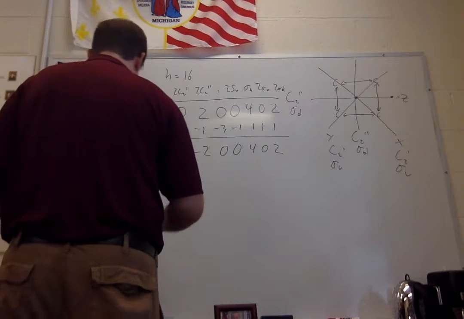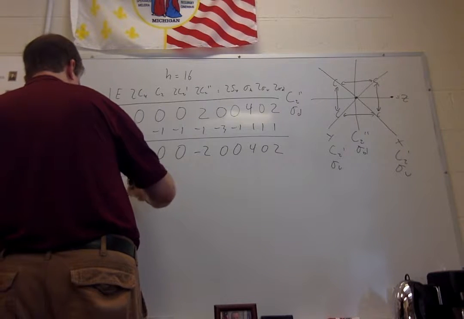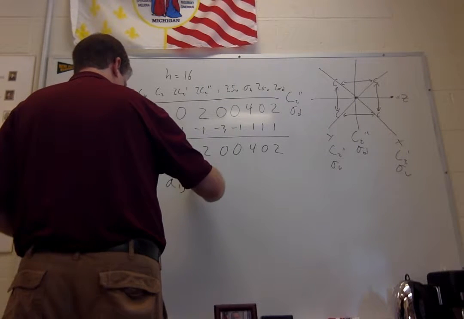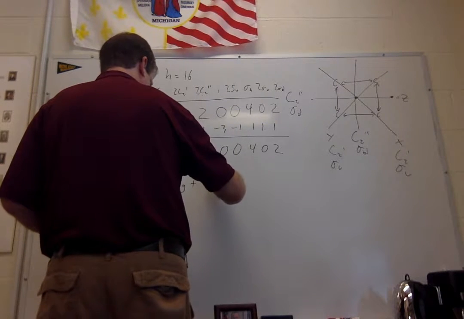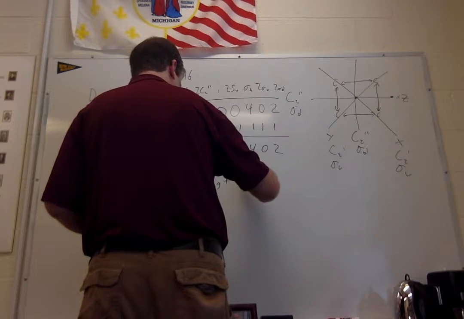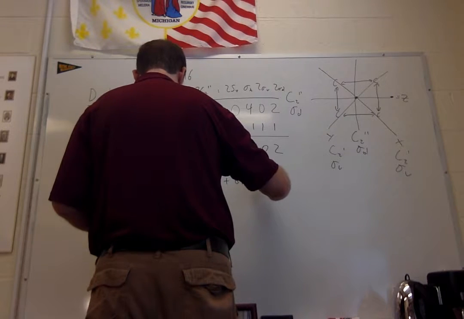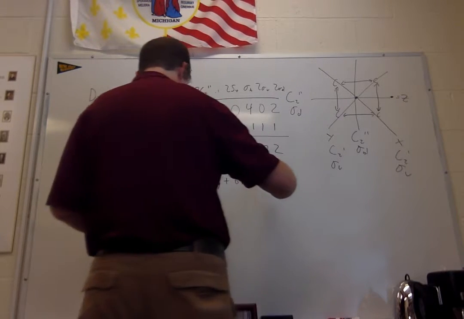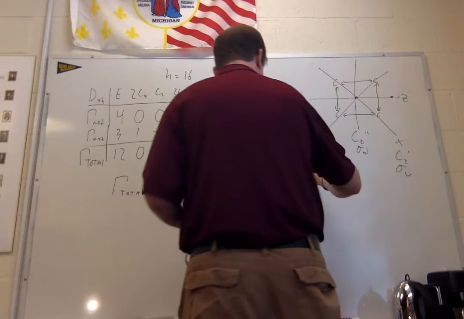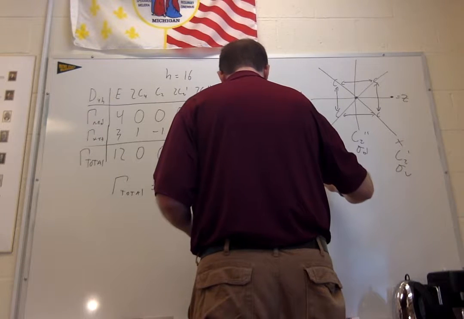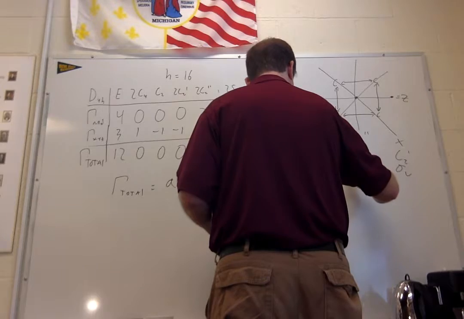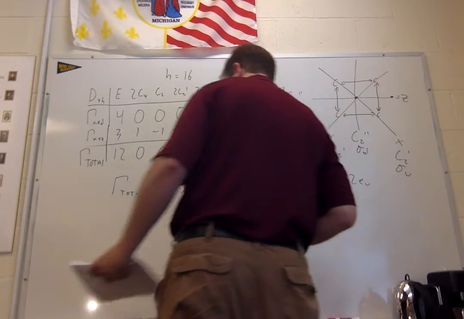So, what is gamma total? Gamma total is A1G plus A2G plus B1G plus B2G plus EG plus A2U plus B1U plus 2 EU.